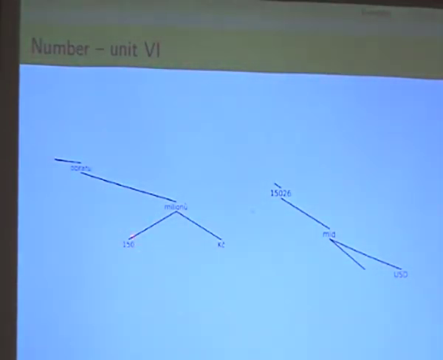Here is 150 million crowns, and here is. Because then there is a usual agreement. On the right-hand side, I can't tell because I would have to know what is above the 15,026 to say whether it's an error or not.